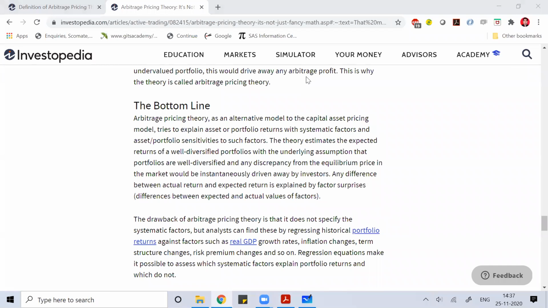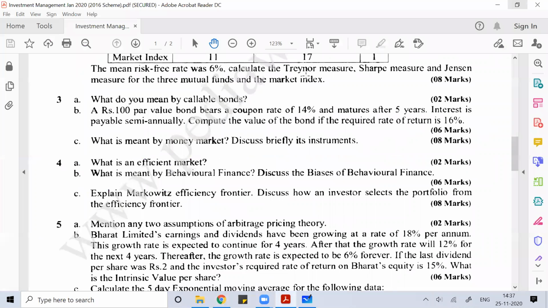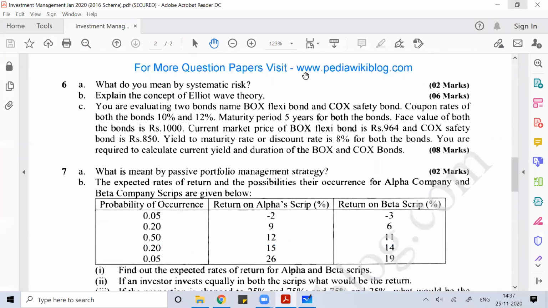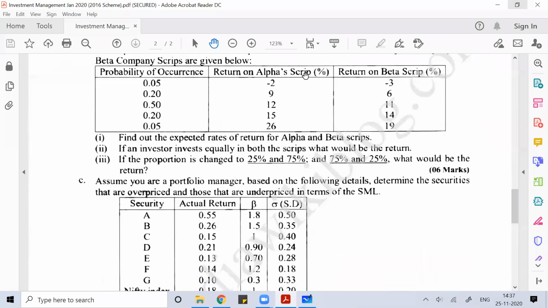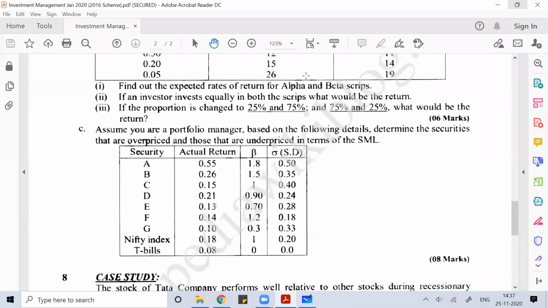So if you're trying to solve the problem here, we can get such a kind of portfolio which is actually able to beat the market, because the CAPM model can have a lot of drawbacks, and that's why it's easy to identify the undervalued stock as per the CAPM model.